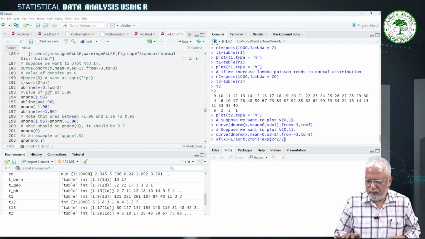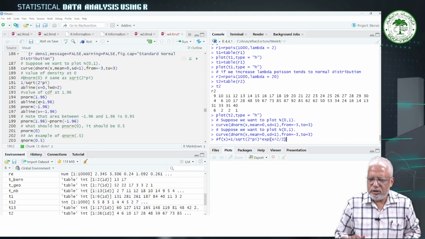So this is the expression for the standard normal distribution.